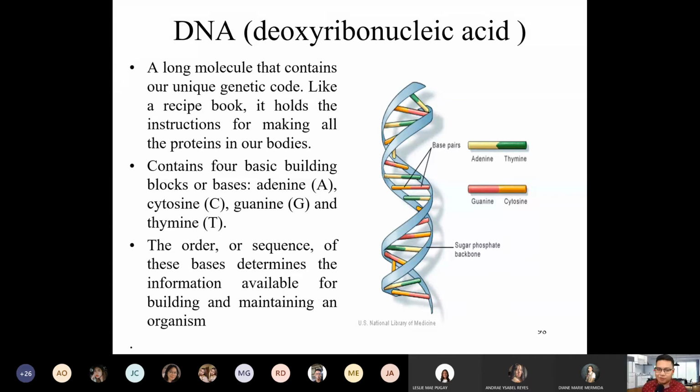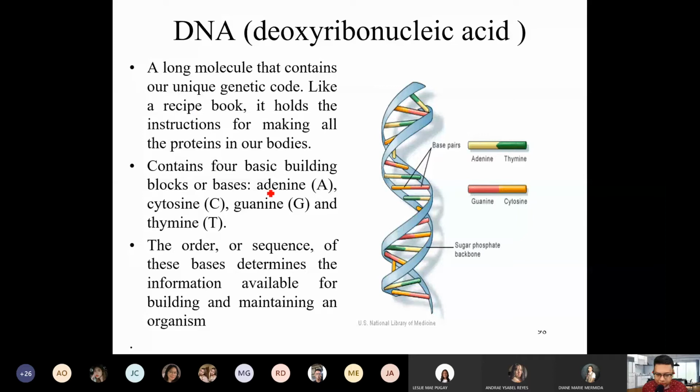Like a recipe book, it holds all the instructions for making all the proteins in our bodies. It contains 4 basic building blocks or bases. We have our adenine, cytosine, guanine, and thymine. ACGT. The order and sequence of these bases determine the information available for building and maintaining an organism.